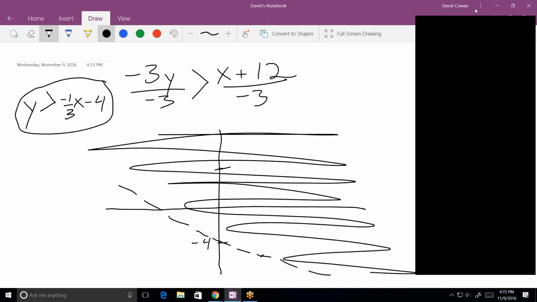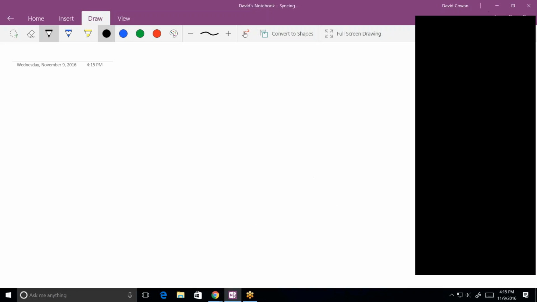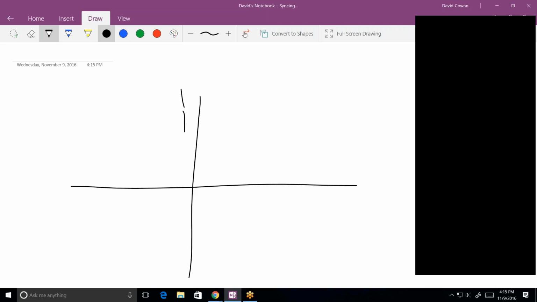Now, the reason I said always say up or down is if I have something that looks like this, and let's say my equation is y is greater than negative 50x.